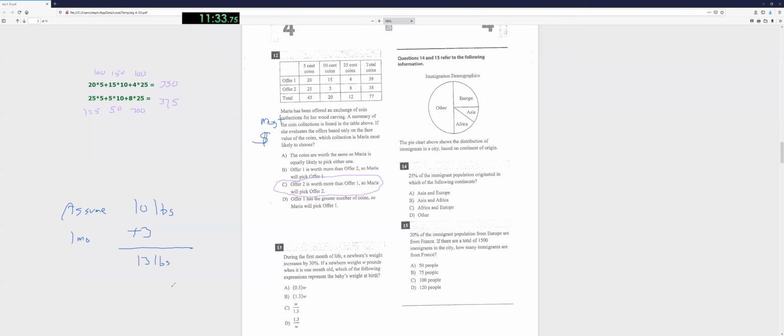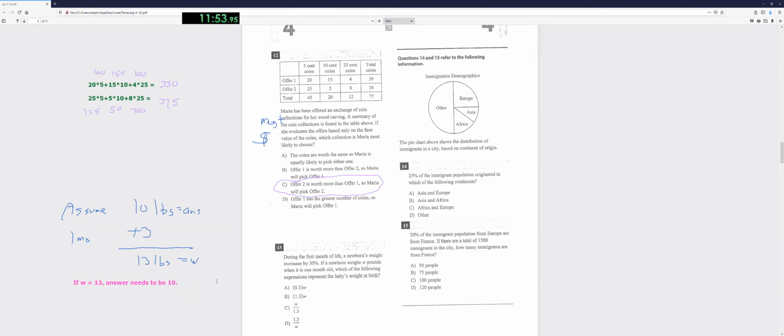So it means that if that's the weight after 1 month, we set this equal to W, and this should be our answer. So what the testing value strategy dictates is if W equals 13, the answer needs to be 10.